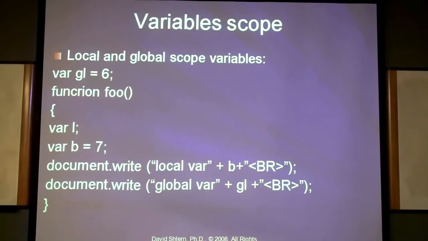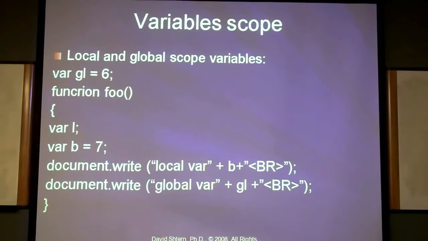Just imagine that we have a list of instructions here, and JavaScript allows us to pick up many instructions, put them in a block, and give it a name. These instructions I separate using curly brackets. You may have instructions that follow or precede it, but this block of instructions I called foo.